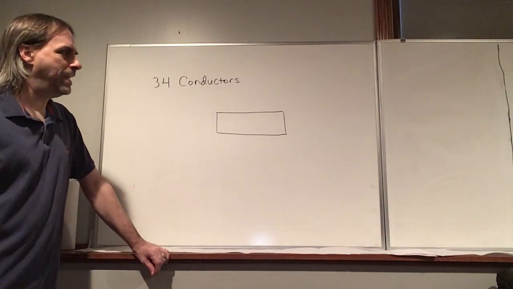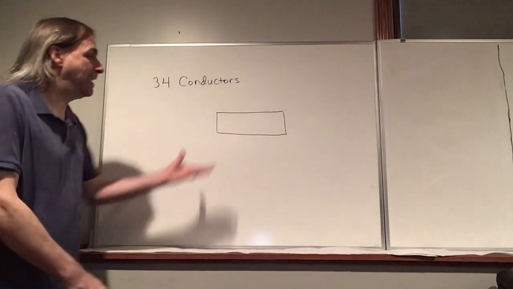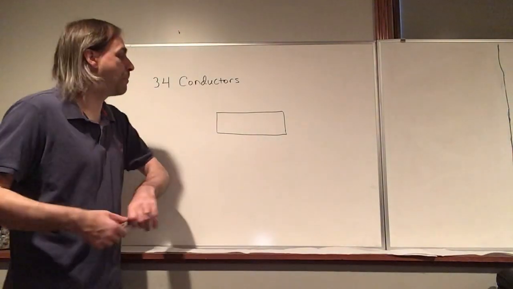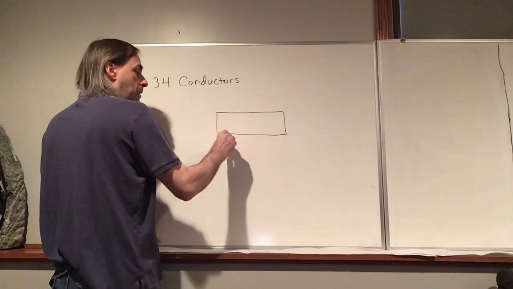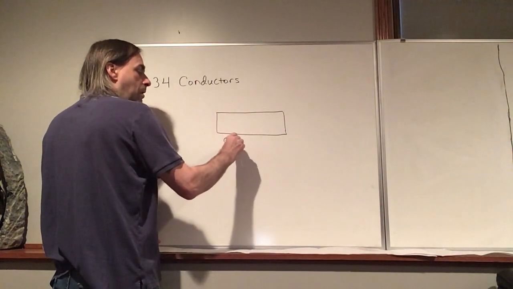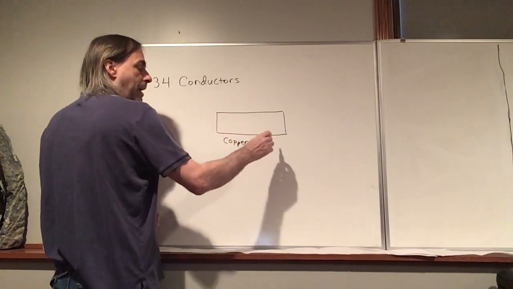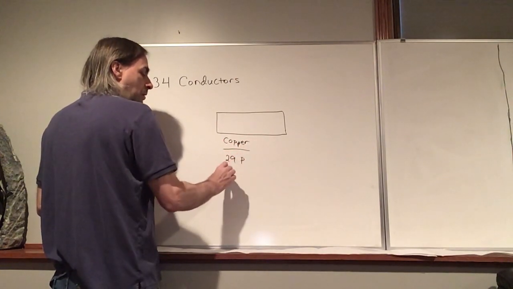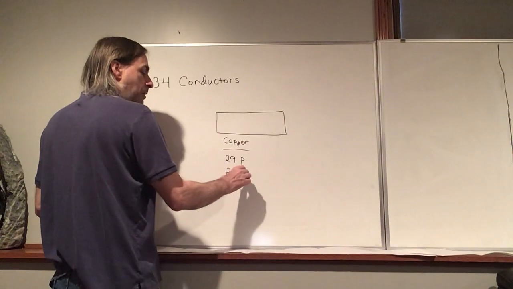Basically, what makes this a conductor is, let's take copper. Each atom has 29 protons.